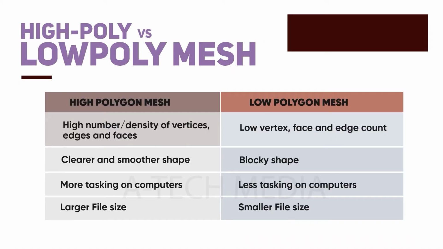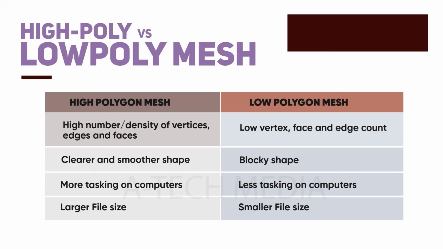However, the cost of a more detailed model is that if you have too many polygons, the computer has to calculate more whenever it's processing your shape. The same way when it comes to pictures, the higher the resolution of a picture, the larger the file size. Likewise, in 3D, the higher the density of the polygons, not only the higher the file size, but also the more demanding that shape will be computationally for your computer to calculate or display.